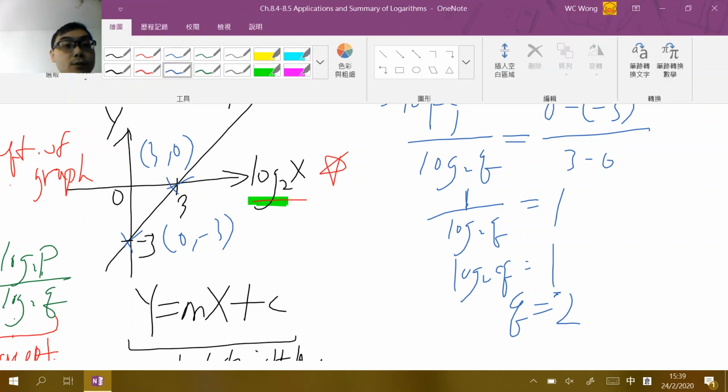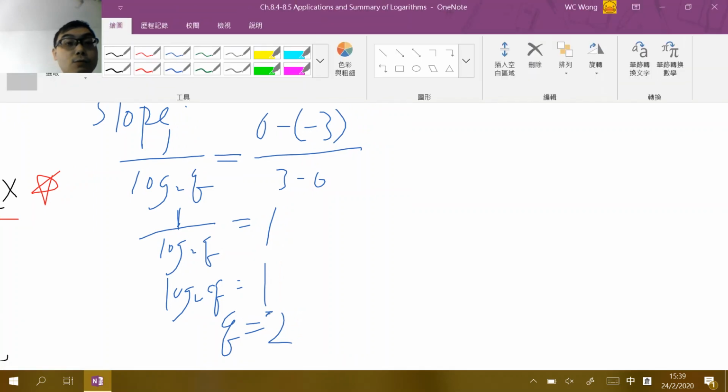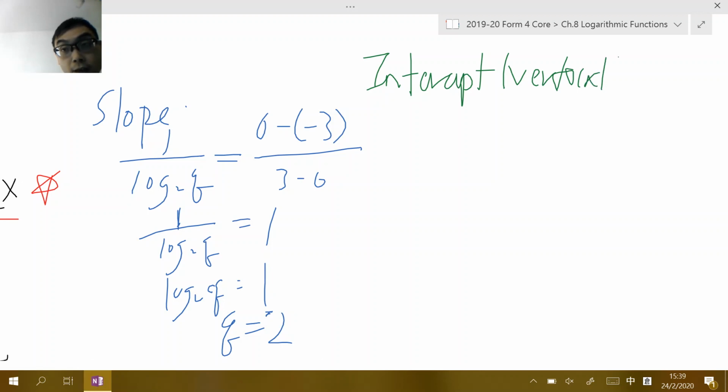After we have used the slope, you should remember that we also have to use the intercept. That means this time I want to use the intercept, and this intercept is on the vertical axis. I don't write y because it is not always y, but here it is y, so it's just a coincidence. Actually, I can say the intercept on the vertical axis.